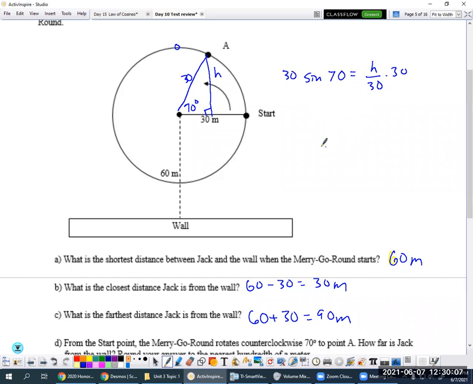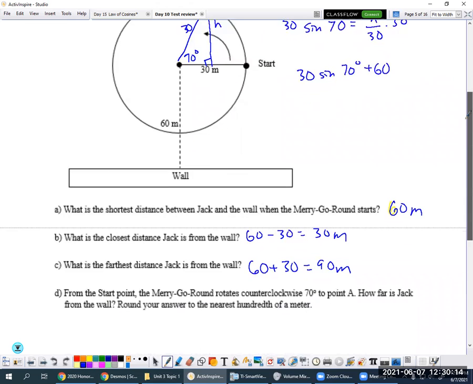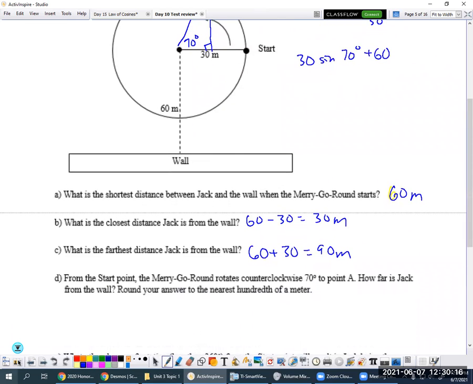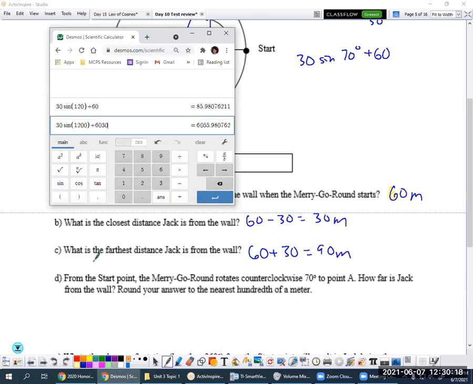And whatever I get from this, I'm going to need to add 60. So I'm going to grab my Desmos calculator. 30 sine 70 plus 60. And I get, to the nearest hundredth, 88.19.